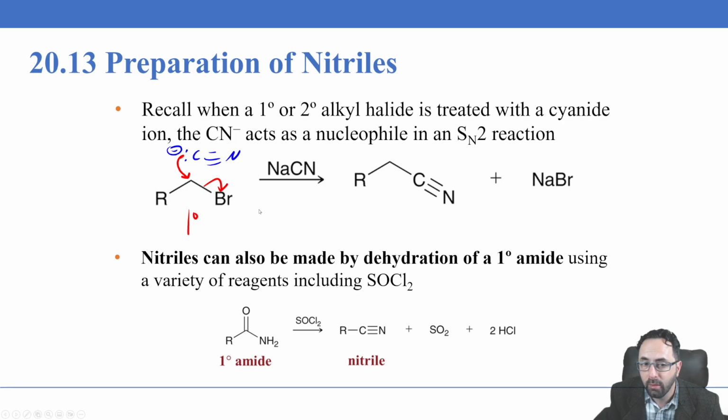And notice what this does for us. This adds one more carbon atom. So when you're doing synthesis, you want to think about the fact that reaction with the cyanide ion does add on a carbon atom like this, right? And nitriles can also be made by the dehydration of a primary amide using SOCl2.